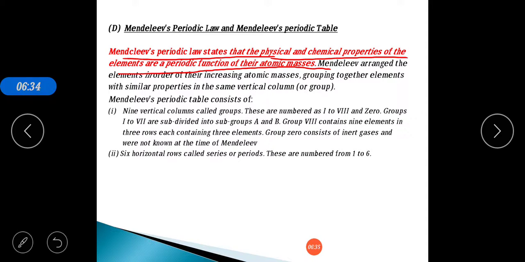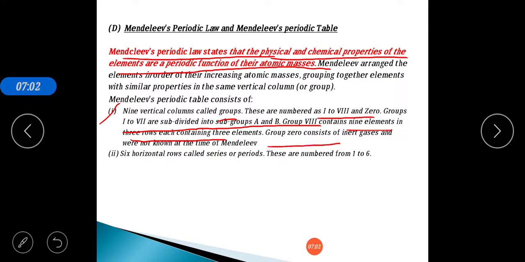Mendeleev's periodic table consists of 9 vertical columns called groups. These are numbered as 1 to 8 and 0. Groups 1 to 7 are subdivided into subgroups A and B. Group 8 contains 9 elements in 3 rows, each containing 3 elements.